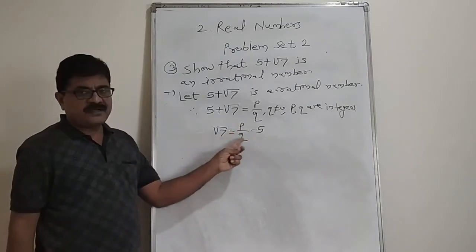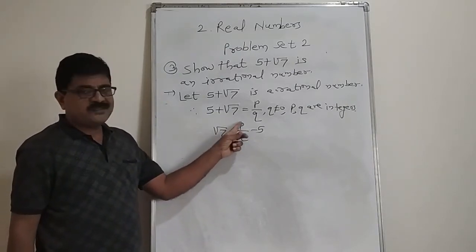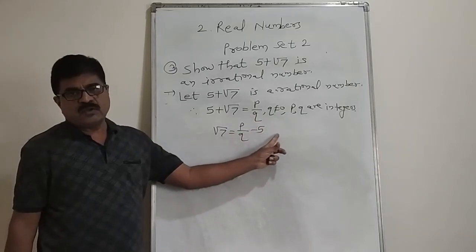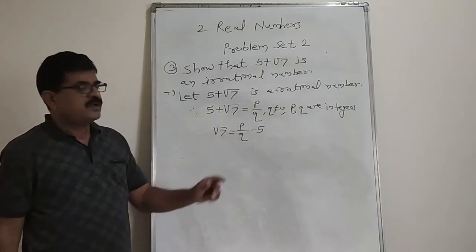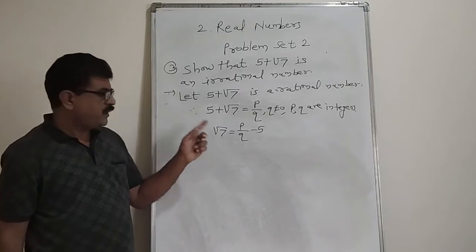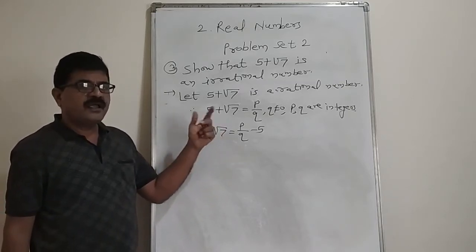Now in the right hand side, P upon Q is a rational number, 5 is also a rational number. Therefore, the right hand side is a rational number. But square root 7 is an irrational number.